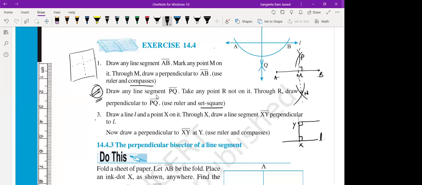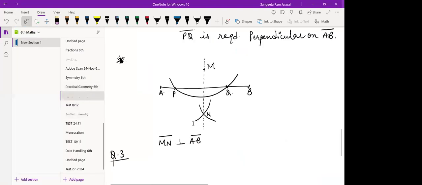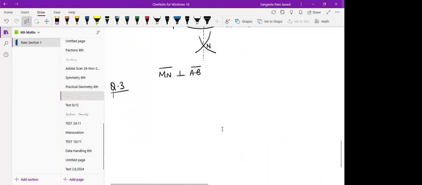So let's see how we do that. Now let's move to a working page. First make a line segment AB of any length, and mark a point X on it.